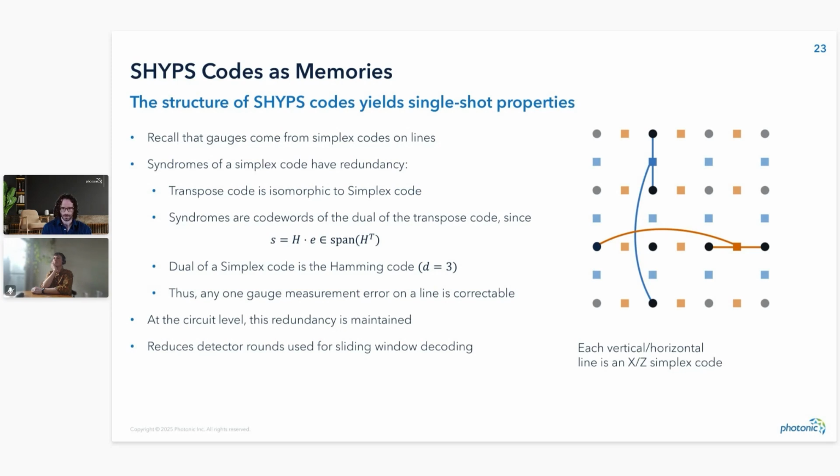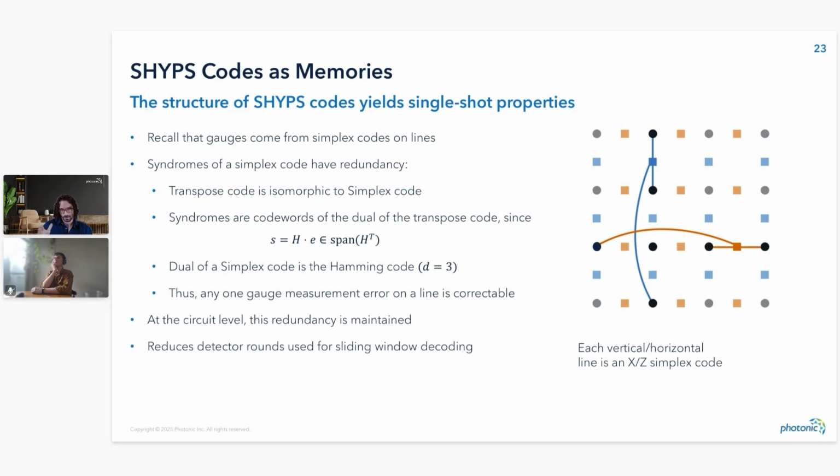Now, a Hamming code is a code with distance 3, and that means that it can correct, without knowing a priori, exactly one error in a gauge measurement result. So any one gauge measurement result along a line is correctable.